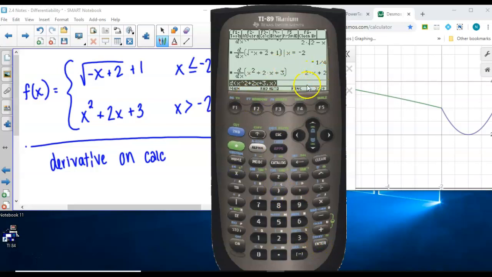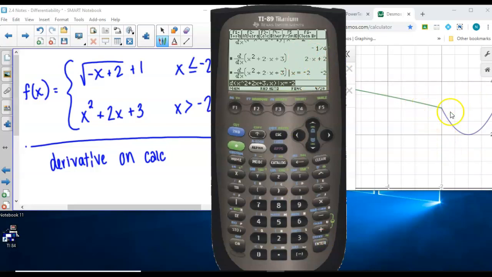So that's the derivative, but if you just want to plug, you can plug a number in pretty easy. 2 times -2 plus 2 would give you -2, or you could do the such that x equals -2. And so you can see the slope on the right side is -2.